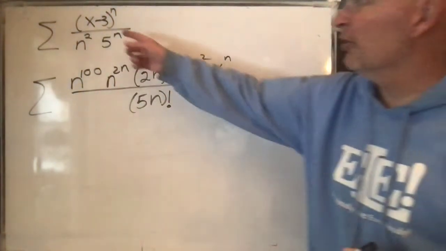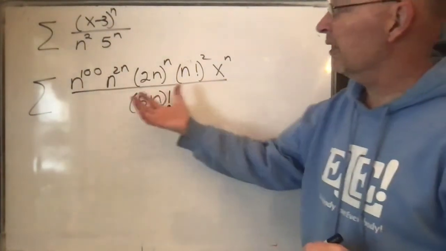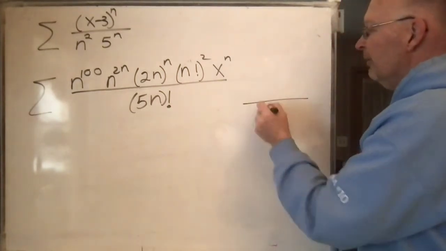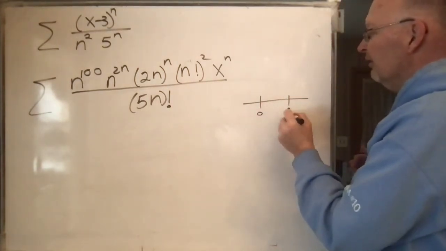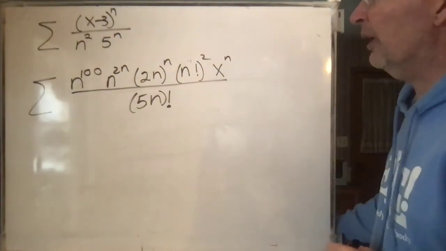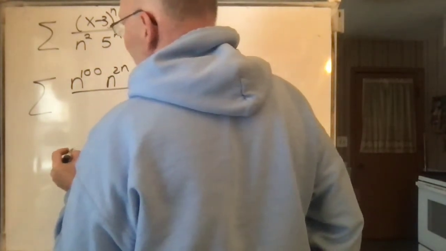What if instead of powers of x, you have powers of x minus 3? If you remember from pre-calculus, all that's going to do is just translate everything over so that instead of being centered at 0, it's now going to be centered at 3. So it's the same idea, it's just translated over. So let's go ahead and find the radius of convergence and the interval of convergence of this one.